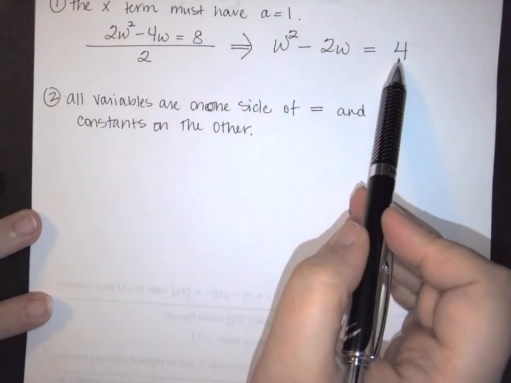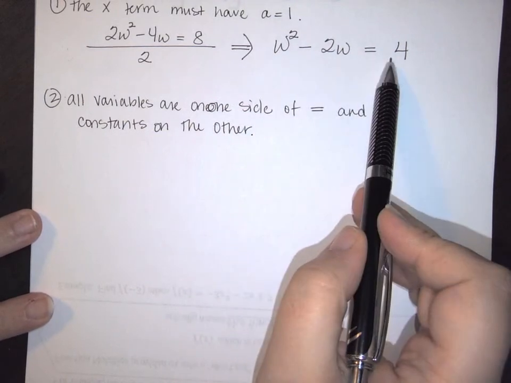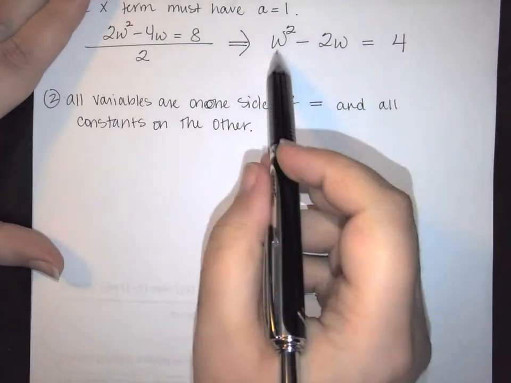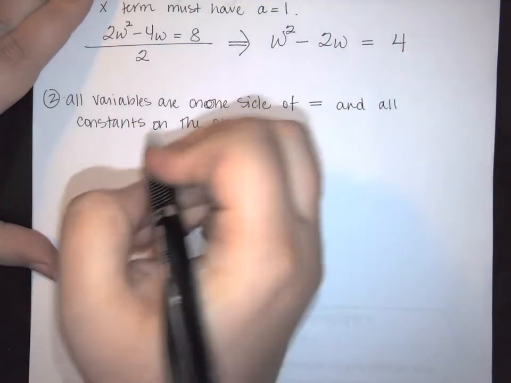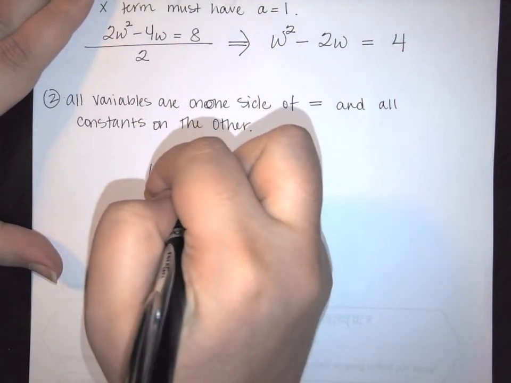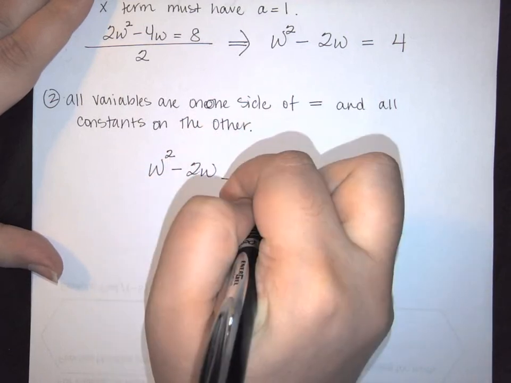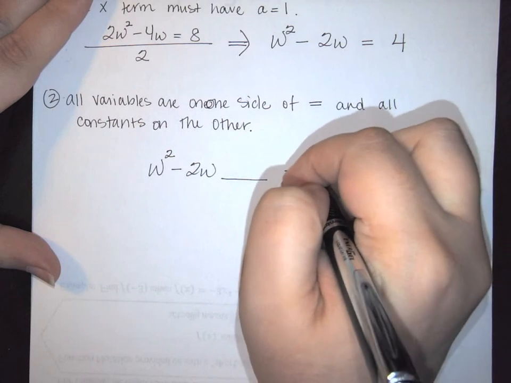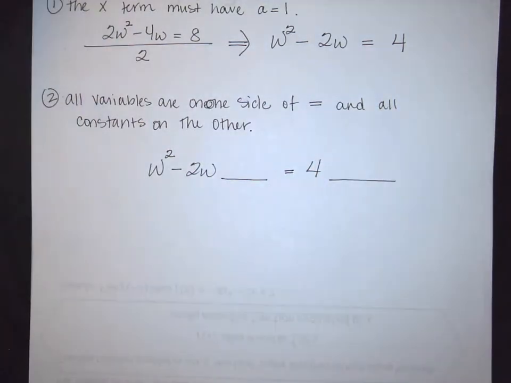So since our equation is exactly the way we want it, this is where we go ahead and start completing the square. The first thing that I like to do is rewrite my equation and put the spaces in it. So I'm going to have w squared minus 2w, with a space because I have to add something to it, is equal to 4, and again I'm going to put my space.